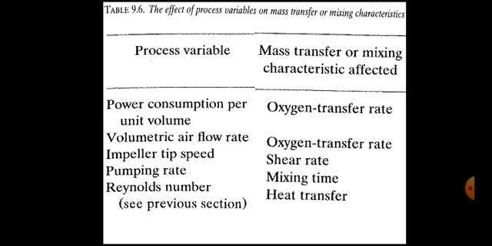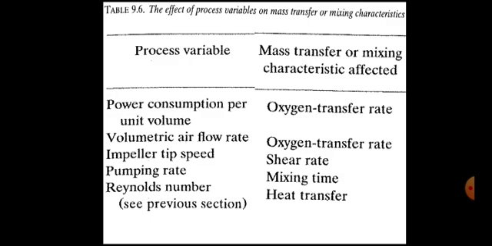The effect of process variables on mass transfer or mixing characteristics. So, what are these process variables and what are the characteristics which are affected are shown briefly in this table. Process variable, if it is power consumption per unit volume, then the characteristic affected is oxygen transfer rate.